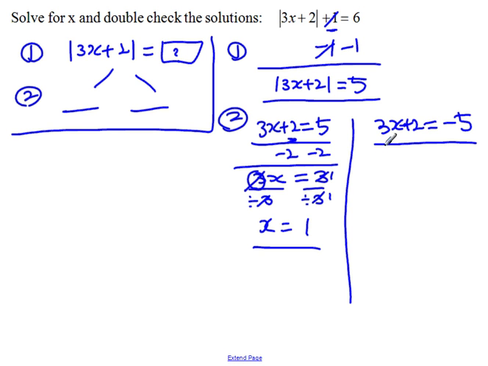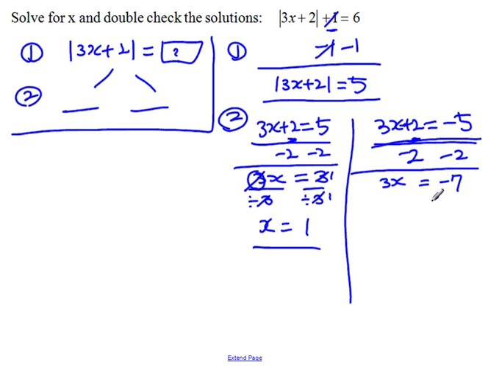And now the equation on the right. We do the same thing. We isolate the variable x. So first we have to remove this term, so we subtract 2 from both sides. Then on the left we get 3x, and on the right we get negative 5 minus 2, which is negative 7.